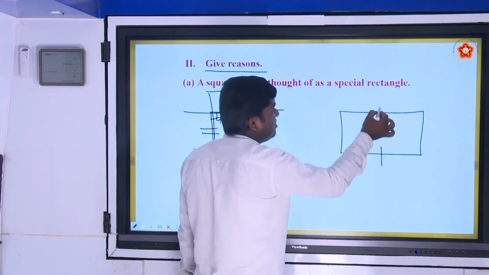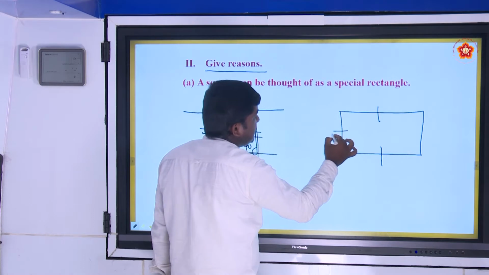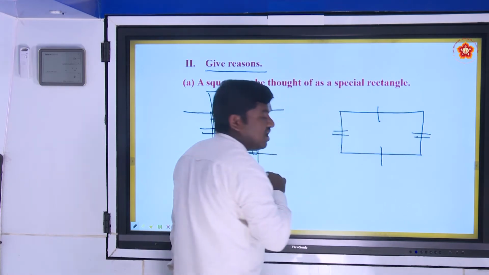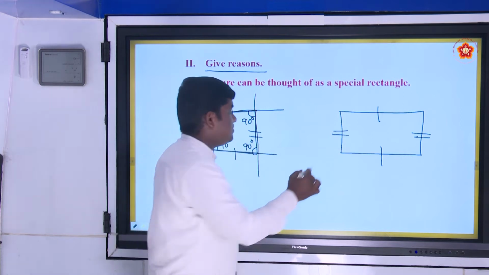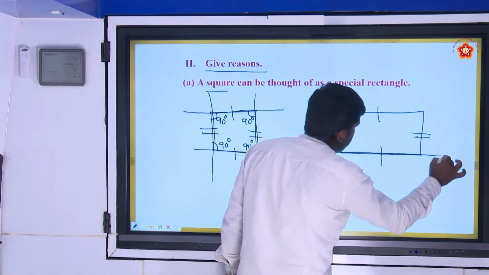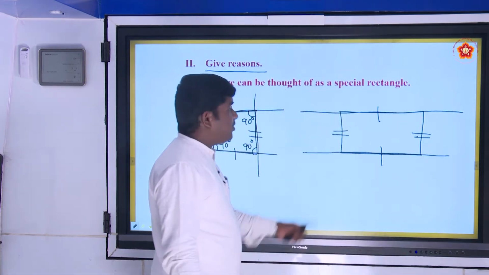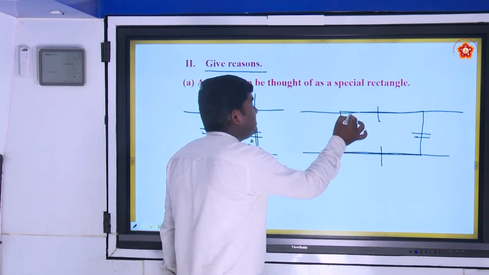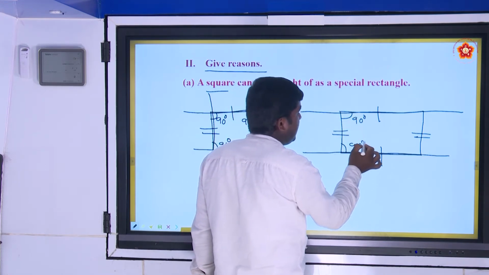This side is equal to this side, meaning opposite sides are equal. This side is equal to this side, and also opposite sides are parallel. Next, about angles, this is 90 degrees. All angles are equal to 90 degrees.